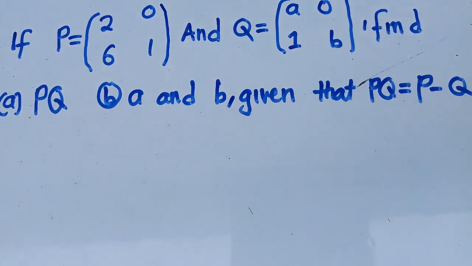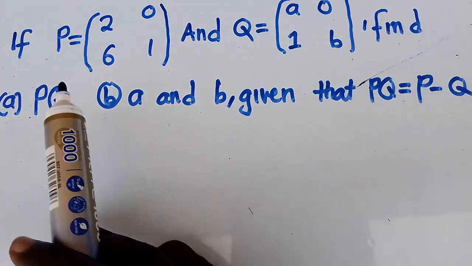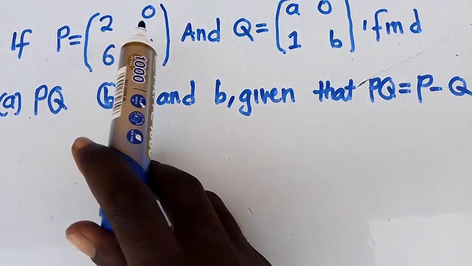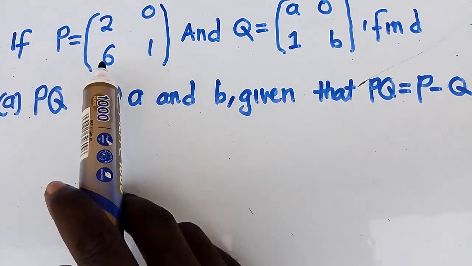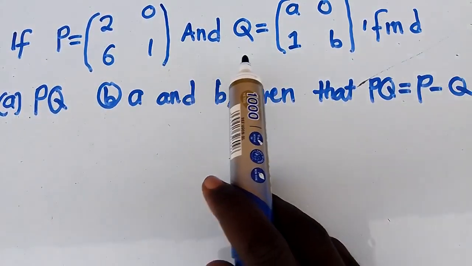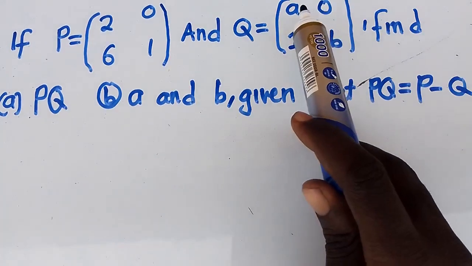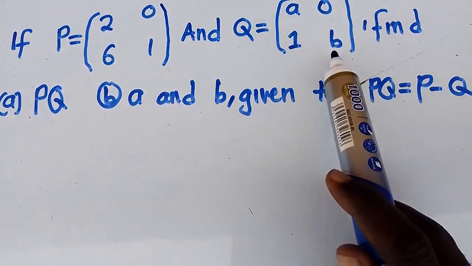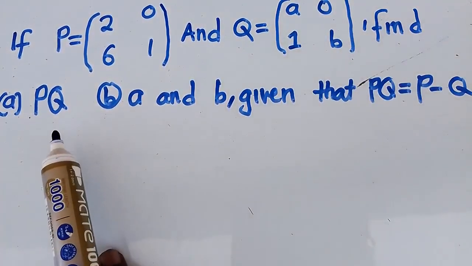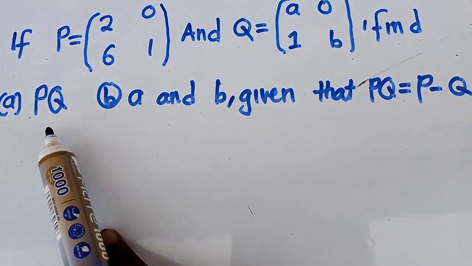So this is how the question is. The question is saying, if P is equal to this matrix, which is 2, 6, 0, 1, and Q is equal to A, 1, 0, B, then find PQ. The first question, we are told to find PQ.